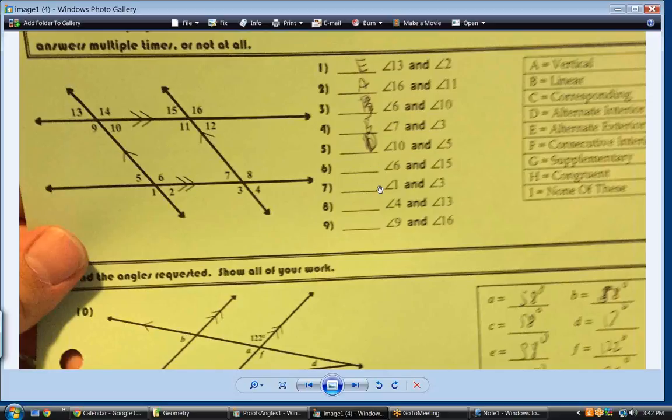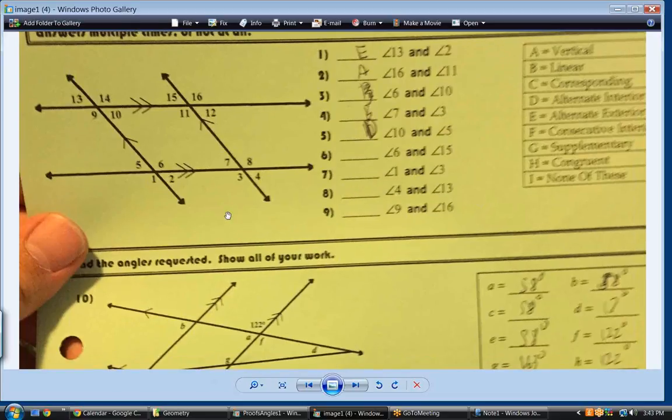About 1 and 3. Consecutive exterior? Or there's no consecutive exterior. Whoops. Not consecutive. Notice the word consecutive means they have to be next to one another. Yeah, okay, yeah.